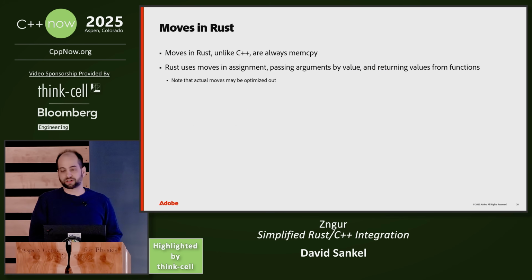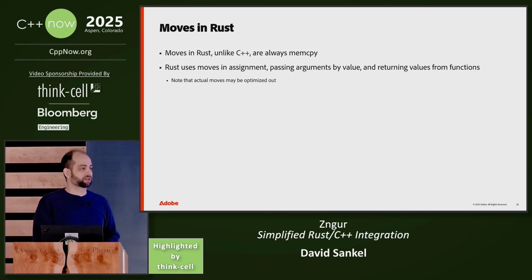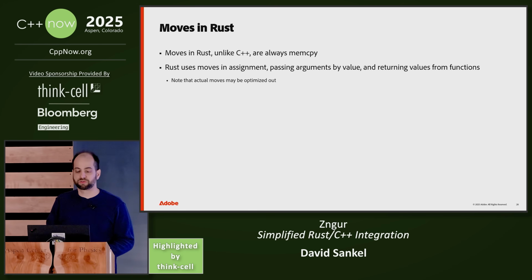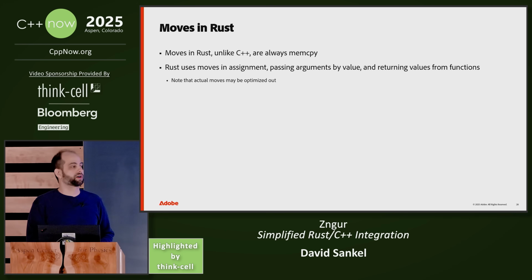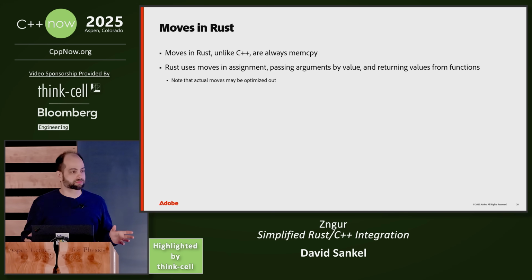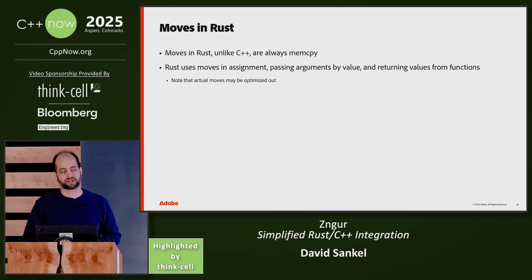So yeah, moves in Rust, unlike C++, are always memcopy. Rust uses moves in assignment, passing arguments by value, and returning values from functions, with a small note that actual moves may be optimized out in Rust, but at least semantically, the moves are potentially happening. And this has a really important implication when we're talking about Rust C++ interop.